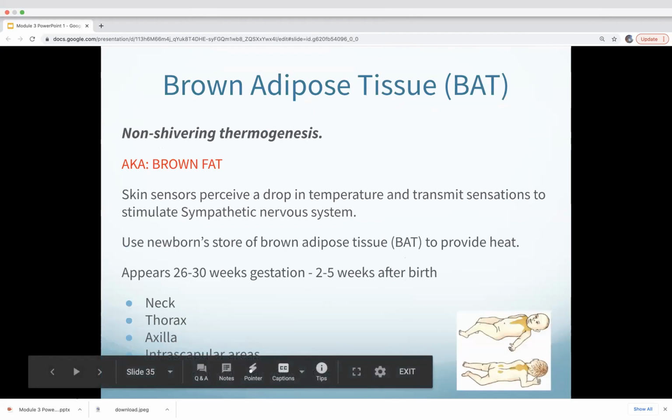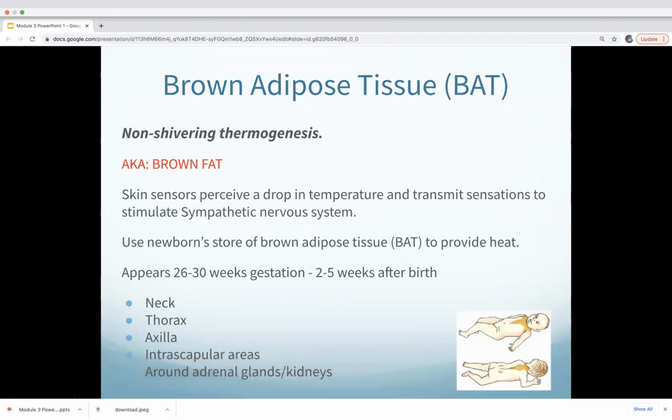This is that brown adipose tissue I was talking about because babies, again, do not have any shivering mechanism. So these are sensors that will perceive the drop in the temperature and then will stimulate the sympathetic nervous system. That is basically the pathophysiology behind what is going on. The brown fat appears about 26 to 30 weeks gestation to about 2 to 5 weeks after birth.